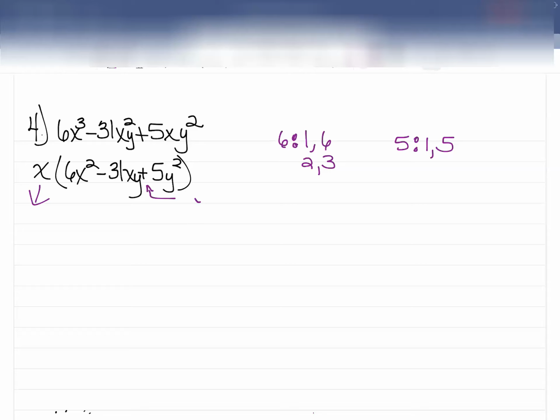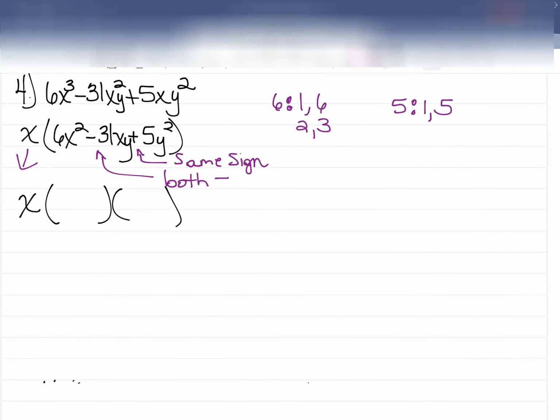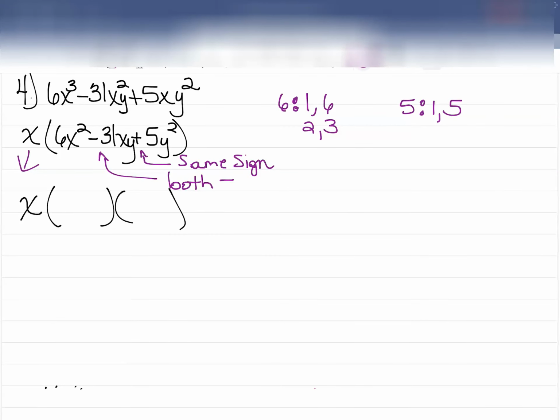I'm going to need same signs, because the third term is positive. And both of those same signs have to be a negative, because the second term is negative. So I already know my final answer. I'm going to copy down this x, and I'm going to have another set of parentheses. So let's figure it out.